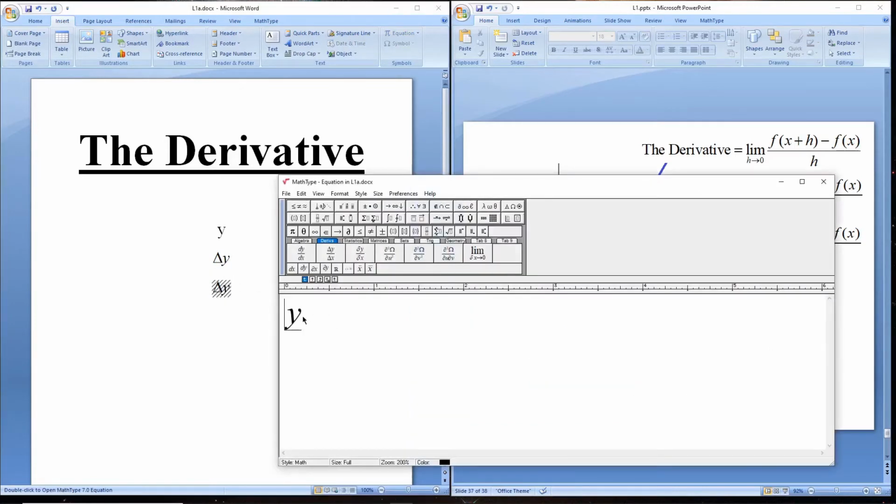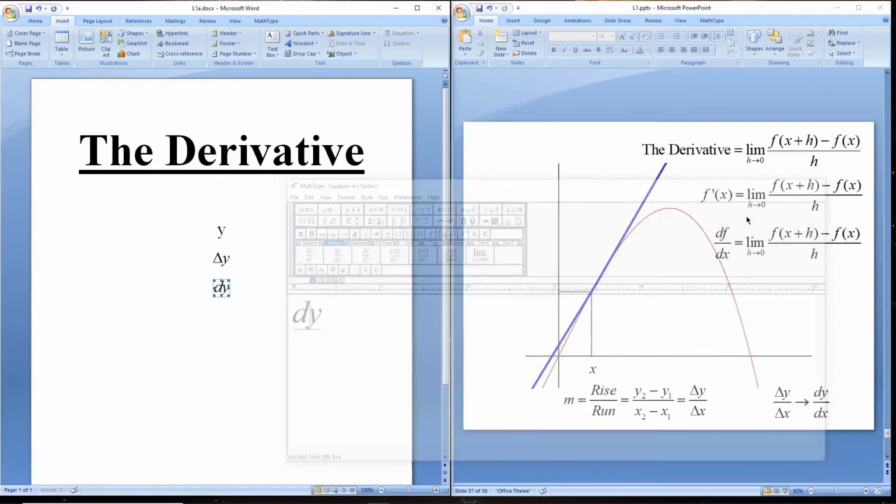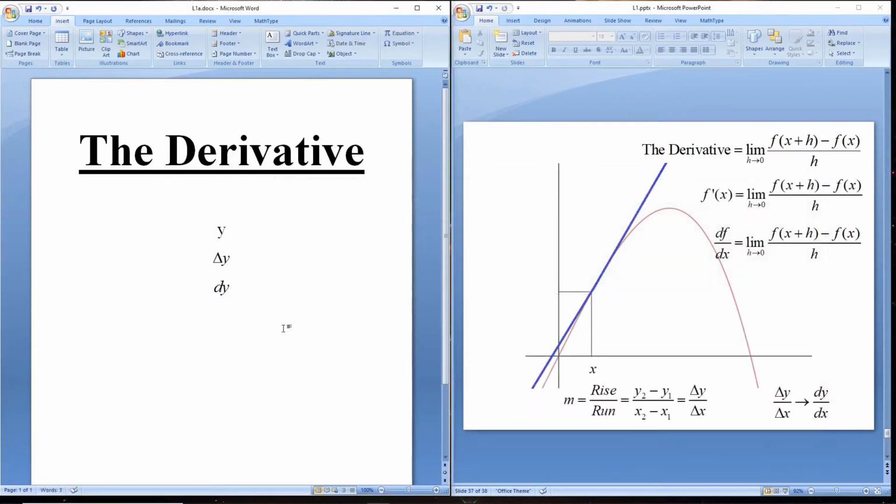And if I wrote dy, that would mean the infinitesimal change in y. And that is one of the changes from algebra to calculus: delta y goes to dy.